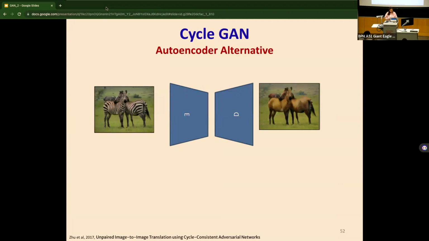For autoencoders, we would generally require image pairs. Autoencoders would require you to measure the reconstruction error between the input and the output, right? And it will not be possible for us to get images of a zebra and a horse that have the same pose or the same background. So how would you assess that? This cannot be done.